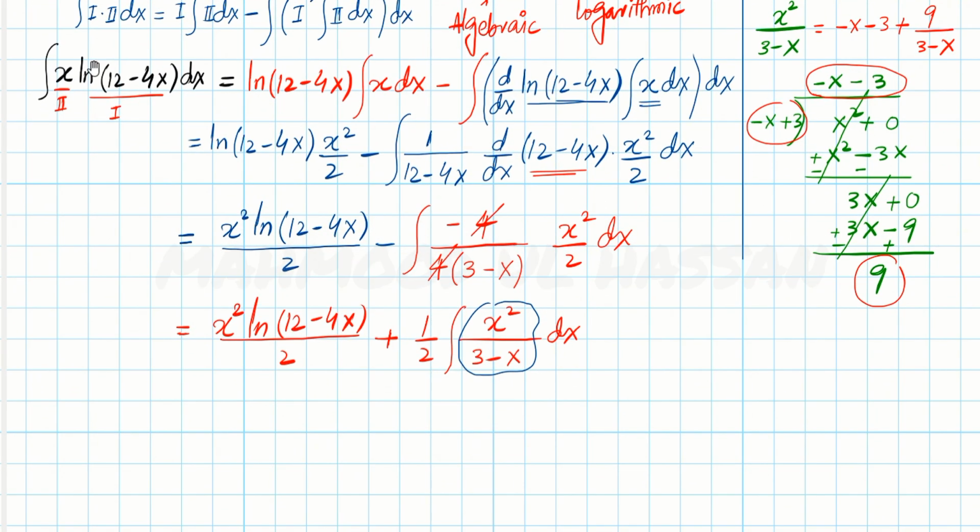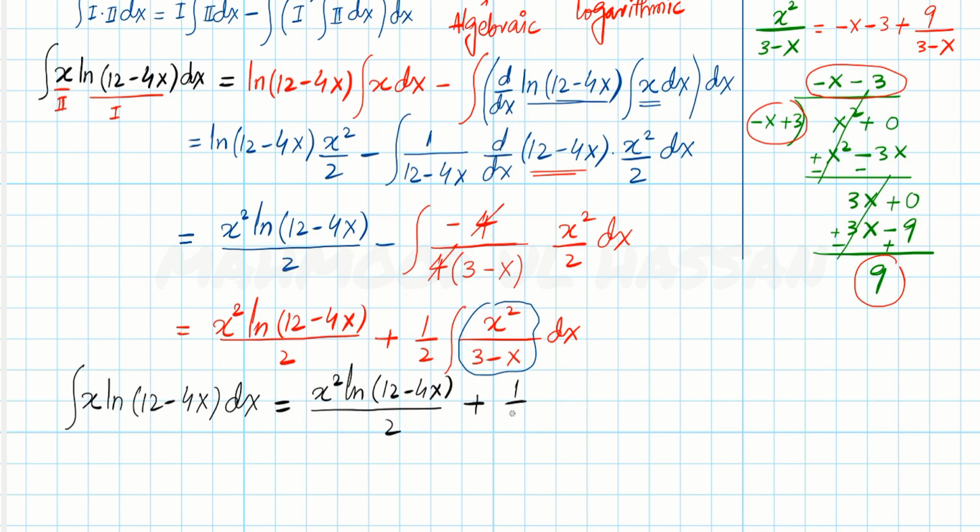Okay, so now our integral will become: the integral of x times log of 12 minus 4x dx is equal to x squared natural log of 12 minus 4x divided by 2 plus 1 upon 2 integral.